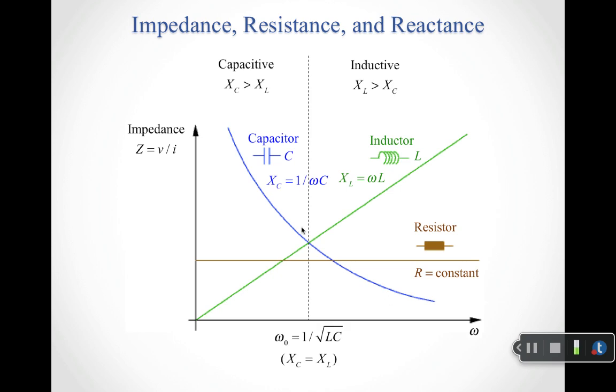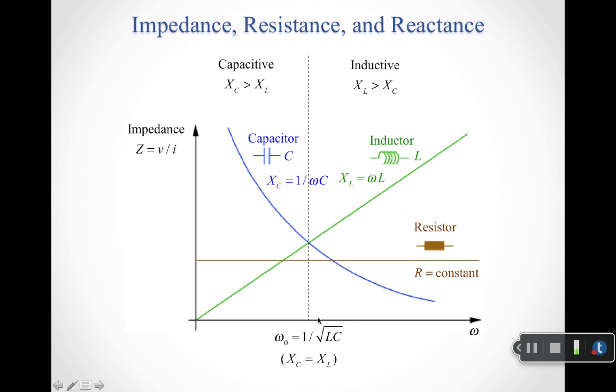And again, there's clearly this point where you go from the impedance being dominated by the capacitor to being dominated by the inductor, and that point happens to be right at a frequency that you can calculate as 1 over the square root of LC. We notice that this happens to be exactly the same frequency that we talked about.